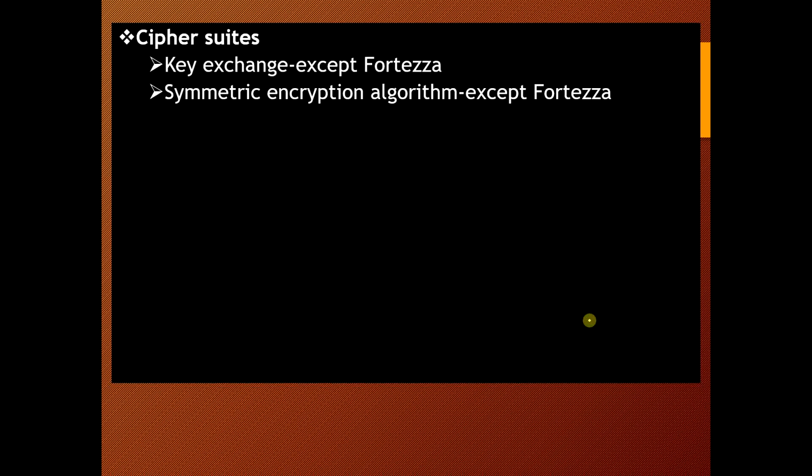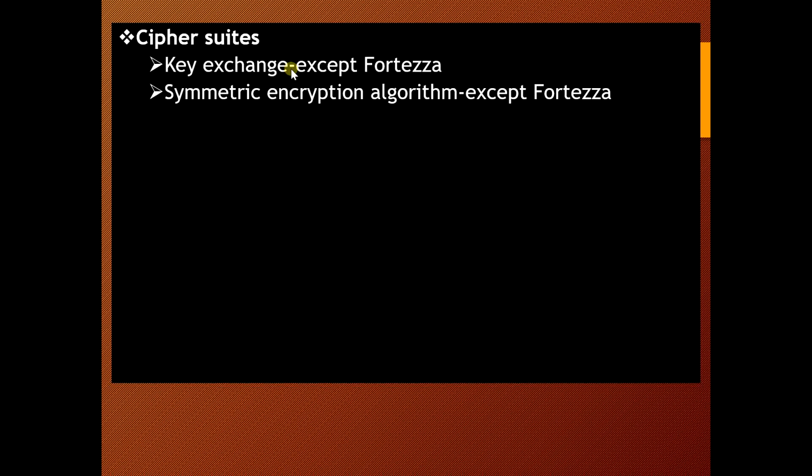There are several small differences between the cipher suites available for SSL and TLS. The first one is in terms of key exchange, wherein TLS supports all the key exchange techniques of SSL version 3 with the exception of Fortezza. Fortezza is not supported here.